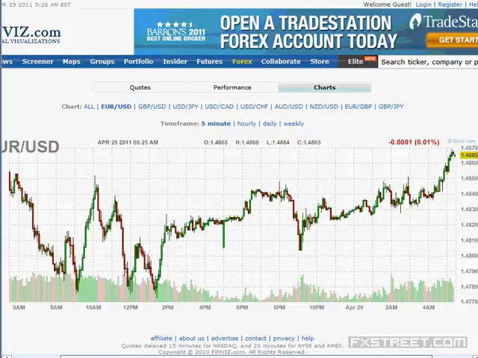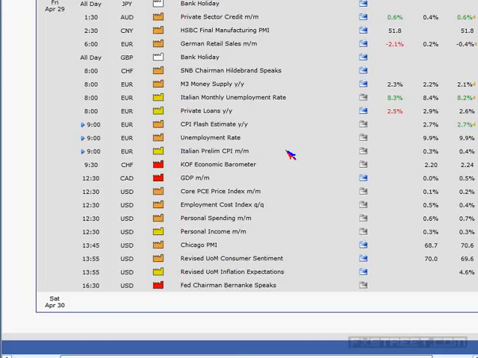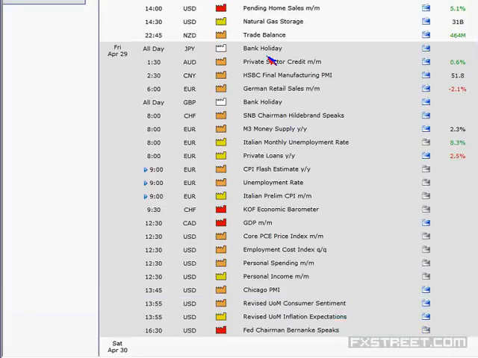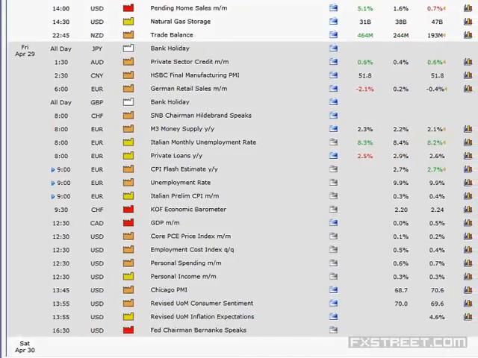The second important thing is the trigger times. For example, I have just shown here the events displayed in Forex Factory. Hope you are able to see this. You come across a similar thing in FX Street also.